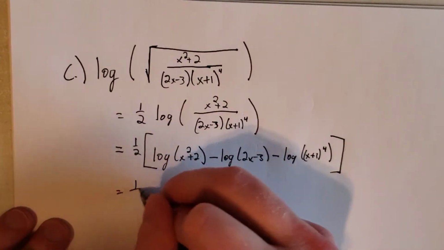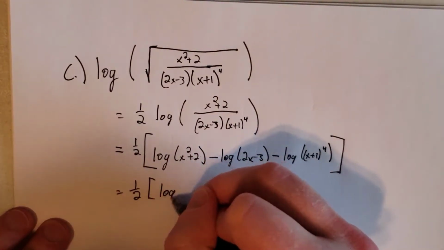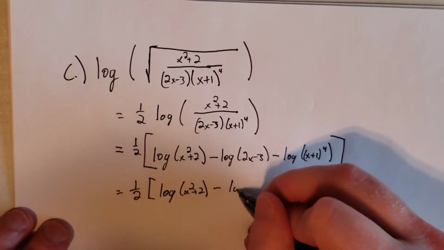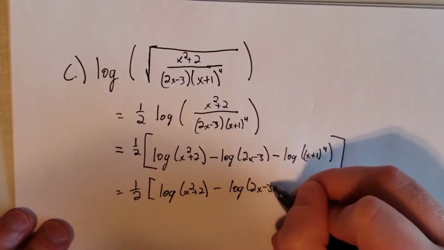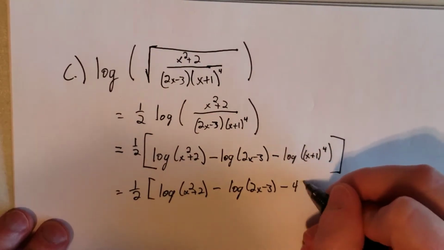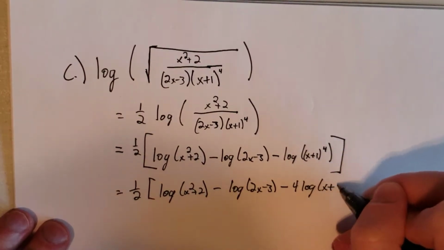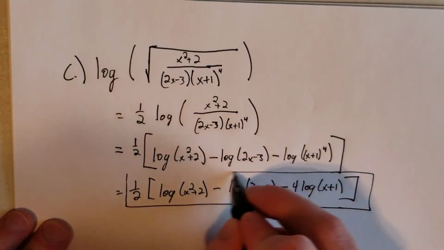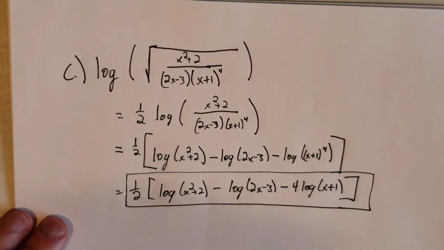So we'll go ahead and do that now. You get 1/2 times log of x squared plus 2 minus log of 2x minus 3 minus 4 times log of x plus 1. And this is our expression fully expanded out.